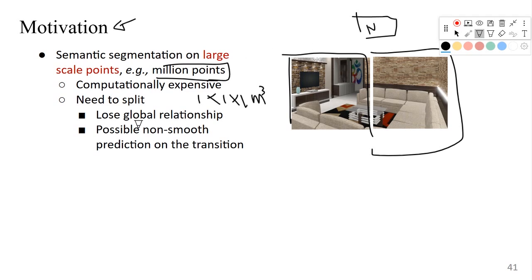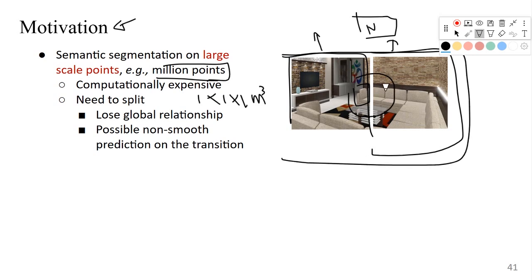The first is that we lose the global relationship, because we infer every split individually. For example, if we take the whole room as input, we have the context of the surroundings, like: the thing next to this is a chair, so this should also be a chair.